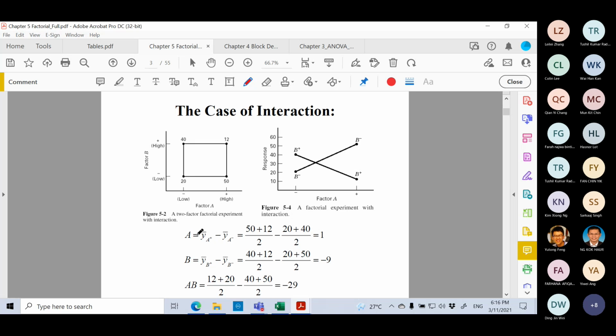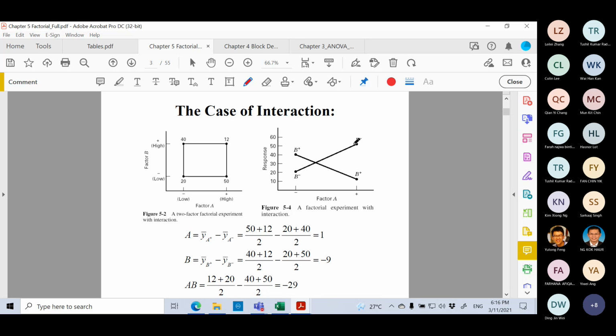Then we can see that the factor A will increase from the low level to the high level. However, for the factor B, you get a negative, which means that when you increase the level from the low level to the high level, it will decrease. Moreover, the interaction effect here will be a larger value. So this is what the diagram shows you.